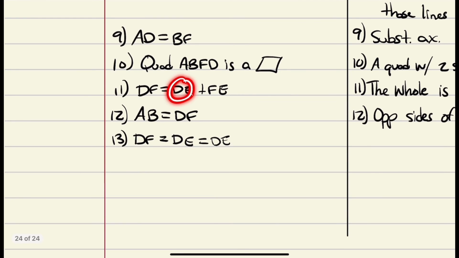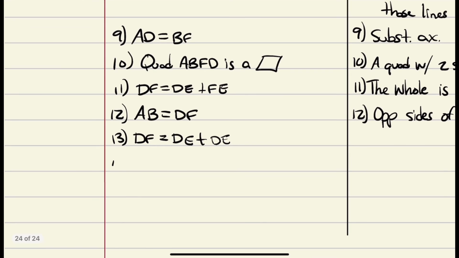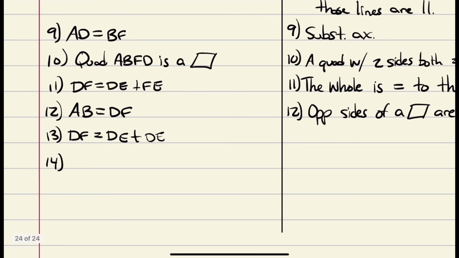So if we add these two things together, which equal each other, we can substitute FE, and we'd get the same quantity if we add DE plus DE. If we add DE plus DE, it's the same exact thing as when we're doing DE plus FE. We'll get the same exact quantity. I should probably say the reason here. We just substituted there. Substitution axiom.